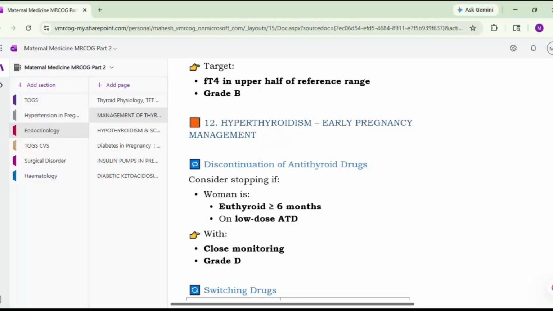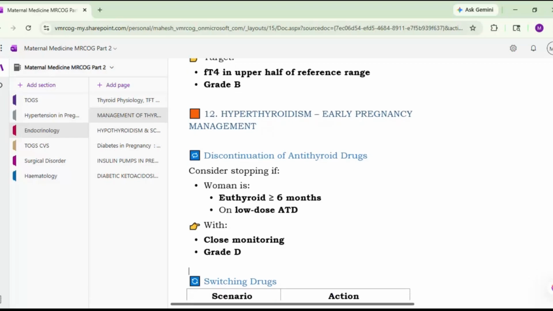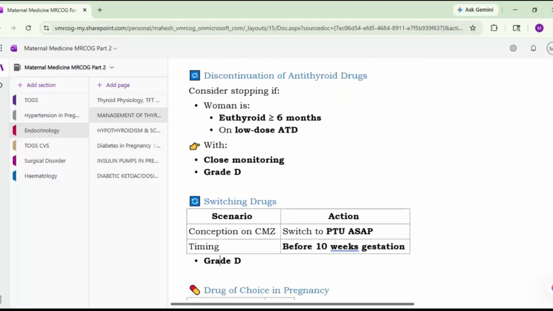In this case, you will consider antithyroid stopping if she is euthyroid for more than 6 months and she is on a very low dose of antithyroid drug. Then you may discontinue this particular medicine.